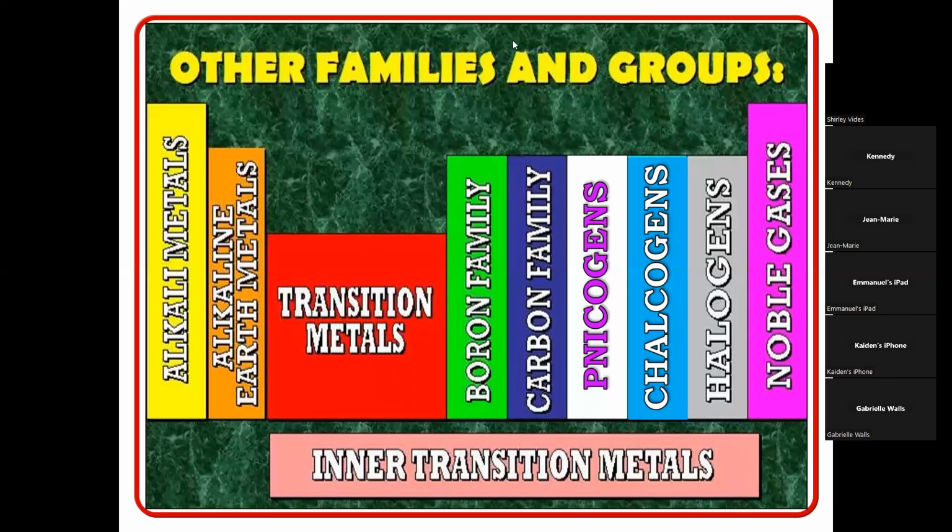All right, so the 2A, like I said, is alkaline earth metals, and they are calcium, magnesium, all of those. Then the middle area, all the Bs, or if you want to look at the number that doesn't have a letter, is group 3 through 12.